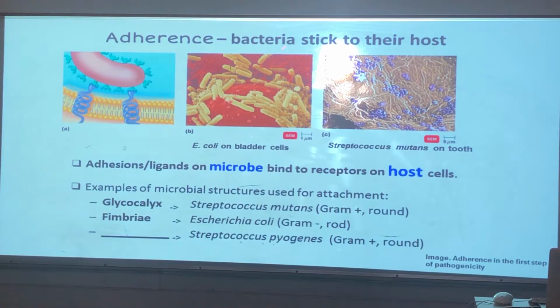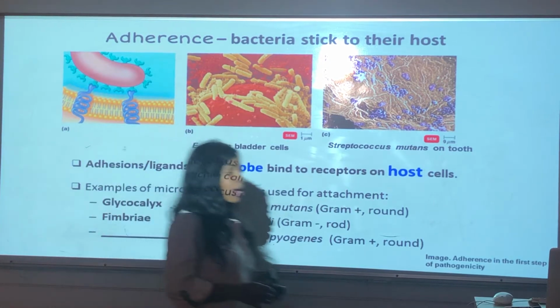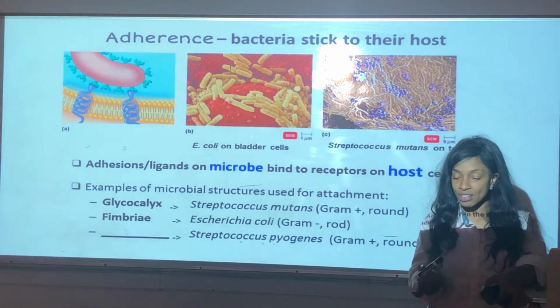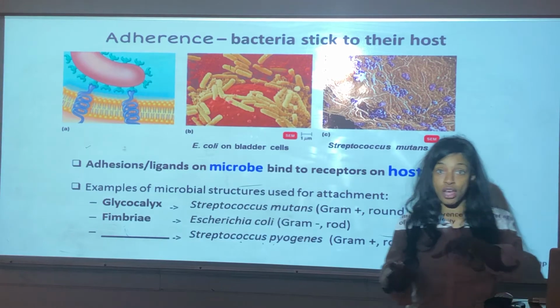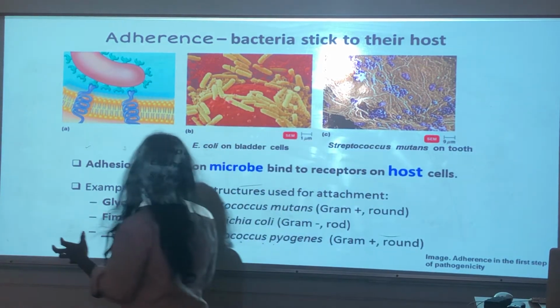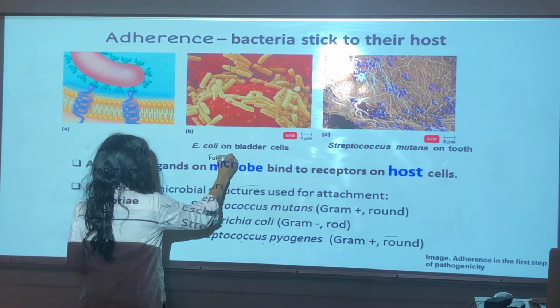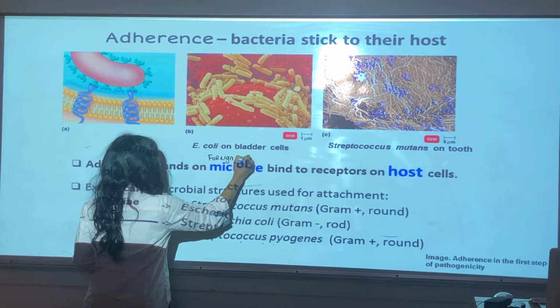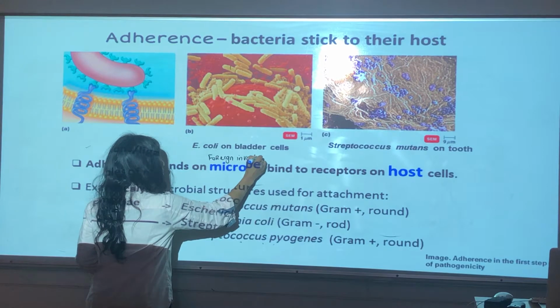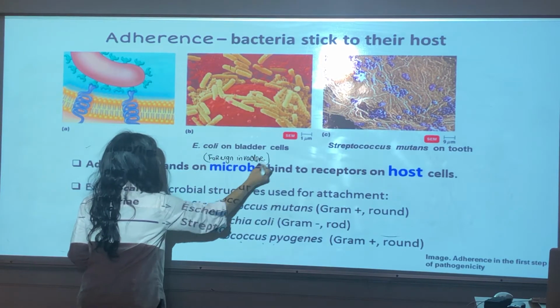So we're giving examples of bacteria as foreign invaders, and these foreign invaders have adhesins or ligands on their surface. The microbe, remember, we're calling the foreign invader. In our examples, it will be bacteria that we're focusing on.